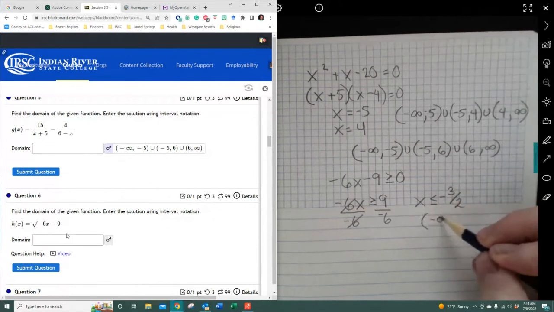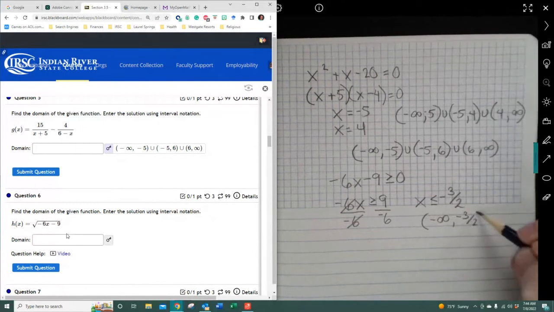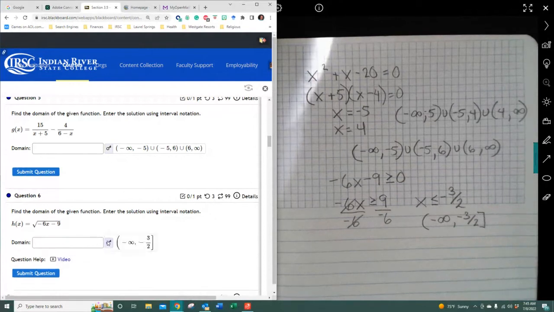So it's going to be negative infinity to this, inclusive. Okay, so that's how that works. All right, so we got that one done.